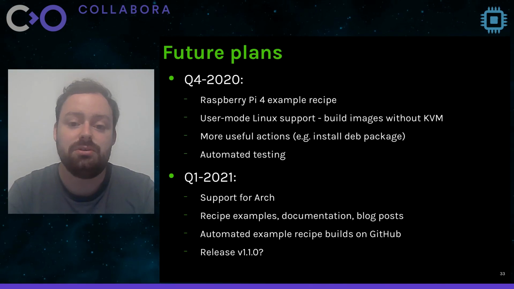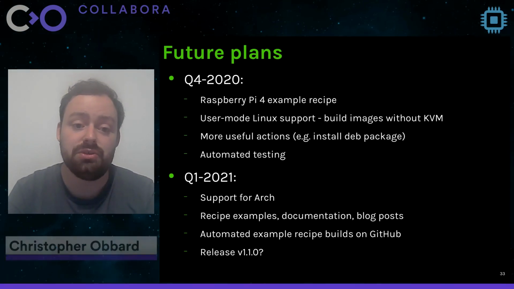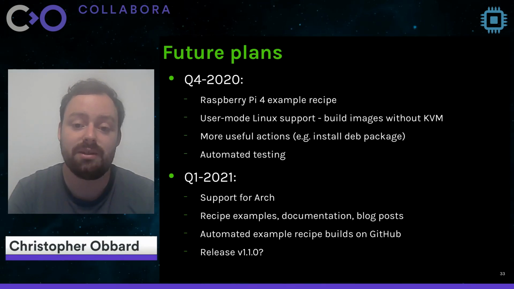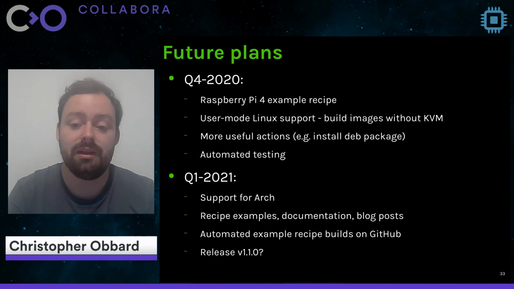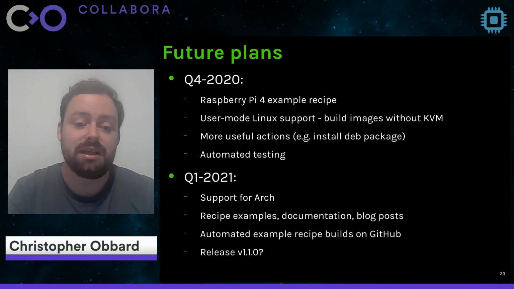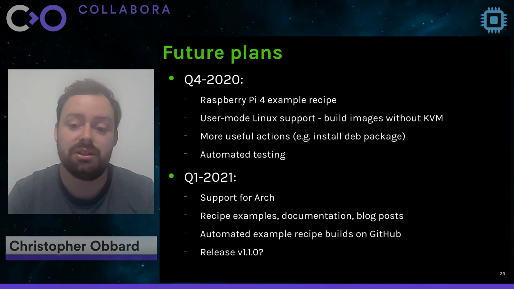We want to have automated testing in place so that every push to Debos doesn't break any recipes or break any customer projects, really. And next year we'd like to add some support for Arch Linux, so basically running Debos on Arch Linux.